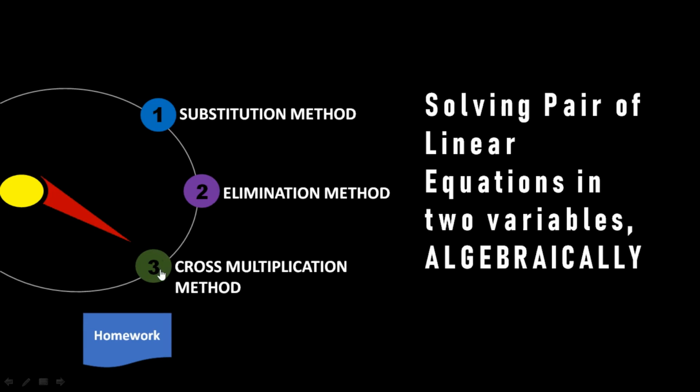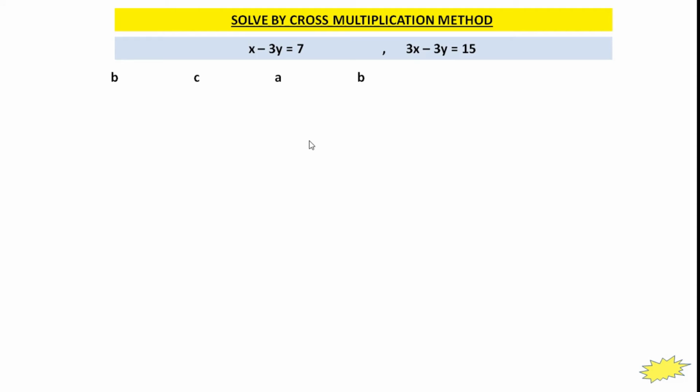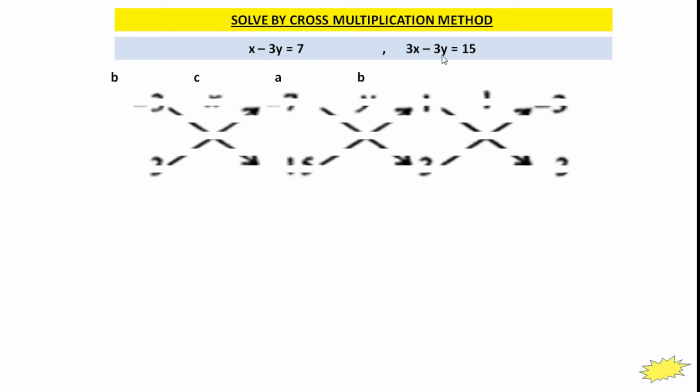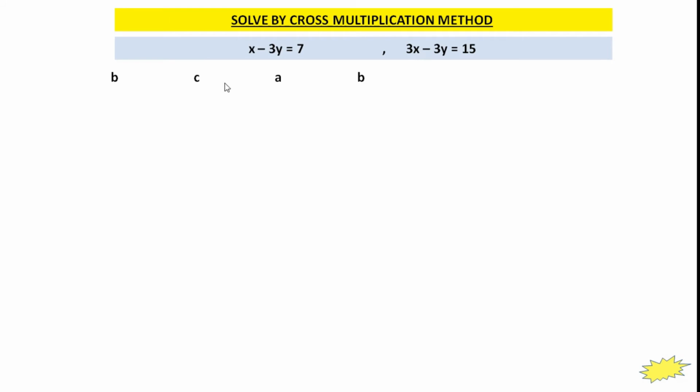Now we move on to the cross multiplication method. Cross multiplication method we generally use when the coefficients are unmanageable. That means these are large numbers, or they are fractions, or they are decimals. But I'm explaining this using a simple example. So the important keyword here is BCAB. Remember this abbreviation.